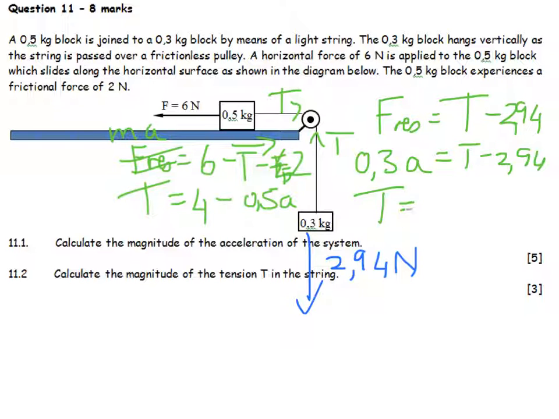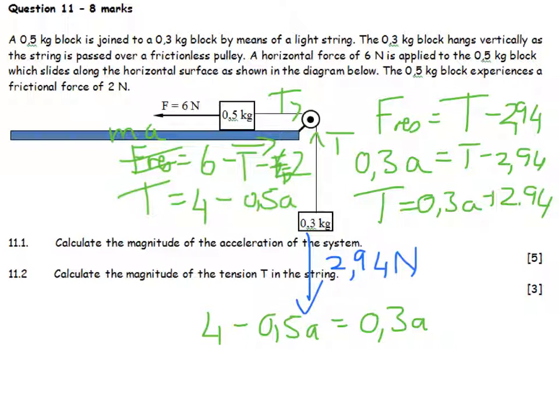So tension becomes 0,3A plus 2,94. I then equate the two tensions because they are the same, and I land up with 4 minus 0,5A is equal to 0,3A plus 2,94. And when I rearrange that, A turns out to be 1,33 meters per second squared.